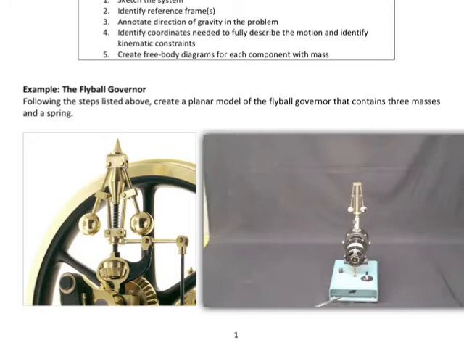And when this spins due to an engine spinning, then we see that our fly balls will swing out, and then it's going to change the position of this mass, which is attached to a lever, which is going to open and close a throttle to then govern the speed of the engine.